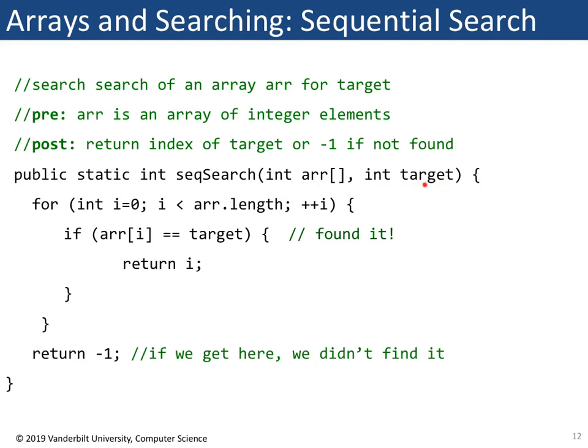And we have our parameters, an integer array, so this is incorrect. Our bracket should be over here. So we have an integer array that is incorrectly defined, and we have an integer called target.